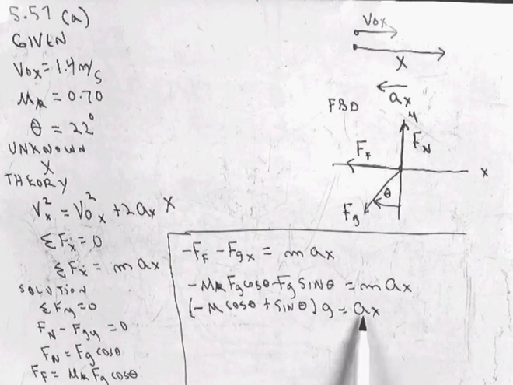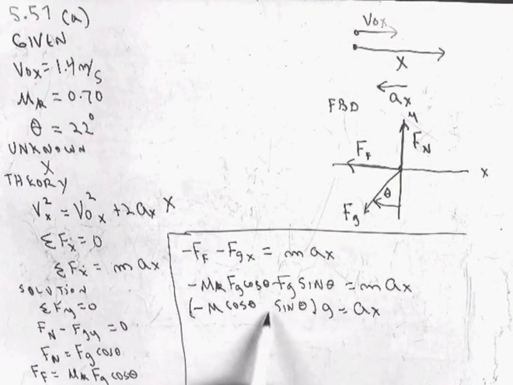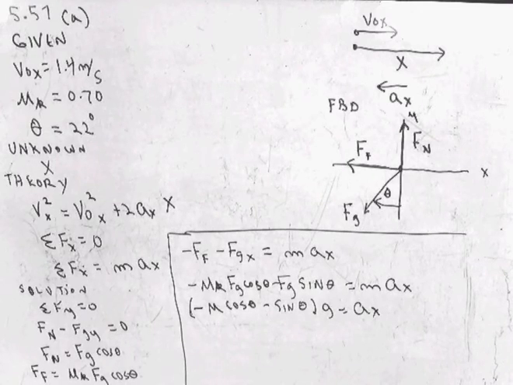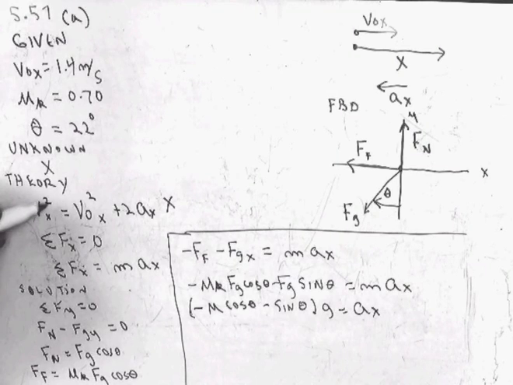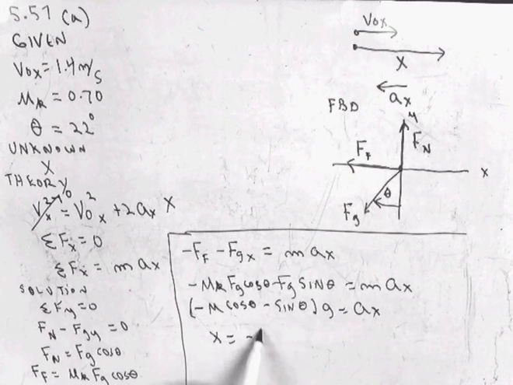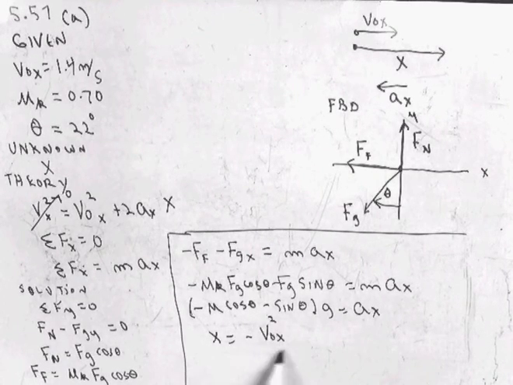And if I take this value right here, and there should be a minus sign there, sorry. If I take that value and plug it into my original x equation over here, remembering that we're going to solve this for v sub x equals 0, then x equals minus v naught x squared over 2 a sub x.